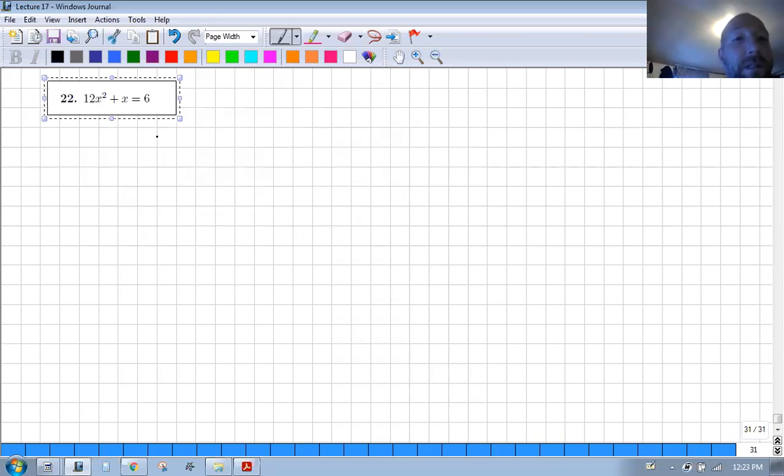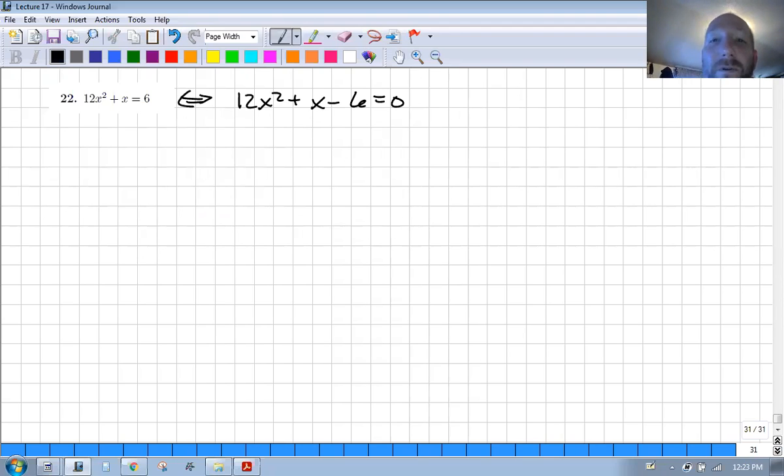For 22 here, we need to put it into standard form. 12x squared plus x minus 6 equals 0. We're going to factor. 12 times 6 is negative 72. B is 1.